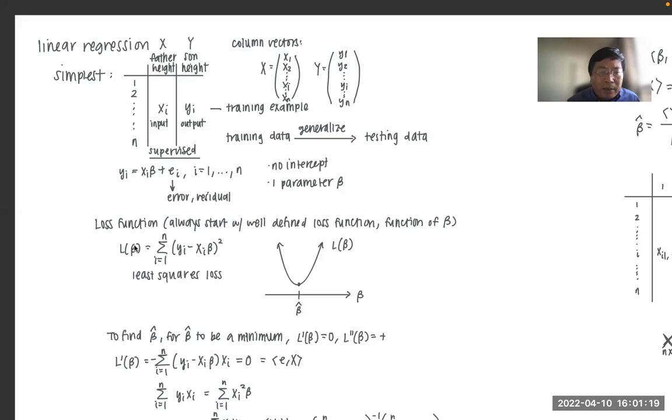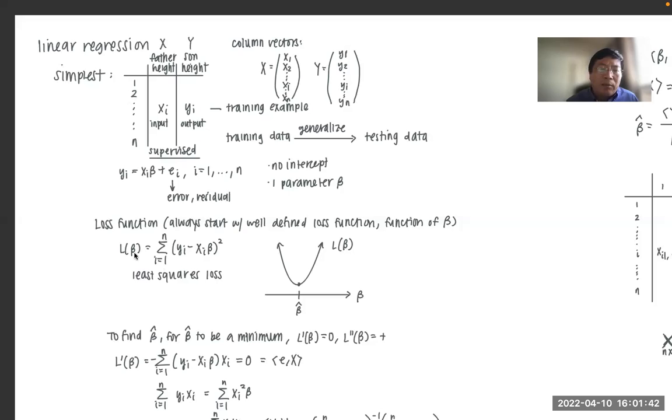So L of beta, we use L for the loss function, and this is a function of beta, okay? And this function is the loss function, and it is defined based on the training examples, the training data. So we have the summation over i from 1 to n, of (yi minus xi beta) squared.